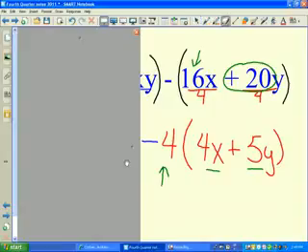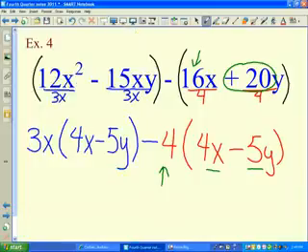So what I can do, instead of adding 5y, I actually can subtract 5y. And you're probably asking, just like most of my classes today, can we just do that? Sure. Because think about it: when we do a minus times a negative, don't we change that to a positive? So we can do that.